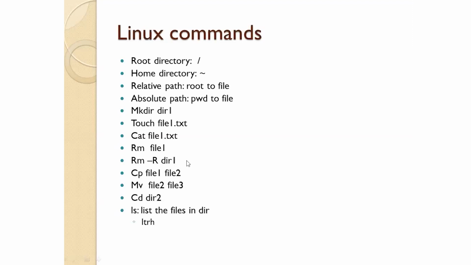Or if you don't want to remove the inside files first and want to directly remove the directory, then you should give the option -r, which says to recursively delete everything. Then when you give rm -r and the directory name, it deletes all the files as well as the directory.